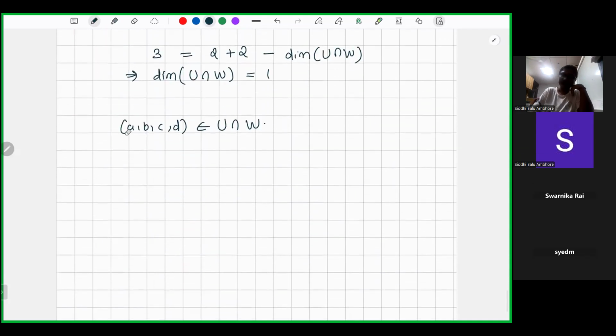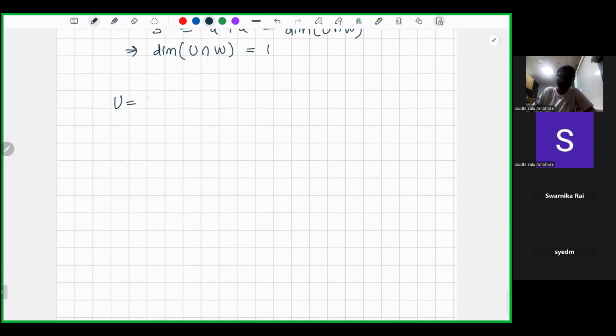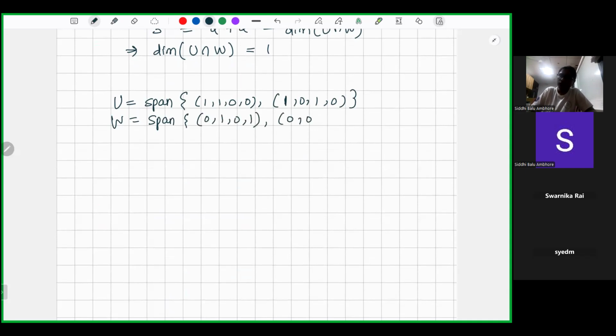Let me explicitly write what U and W are so that we won't get confused. U is just the span of (1, 1, 0, 0) and (1, 0, 1, 0), and W is the span of, I think, (0, 1, 0, 1) and (0, 0, 1, 1).